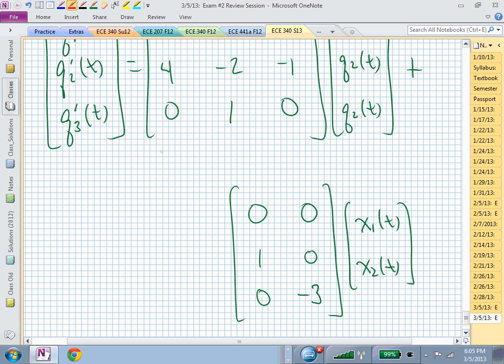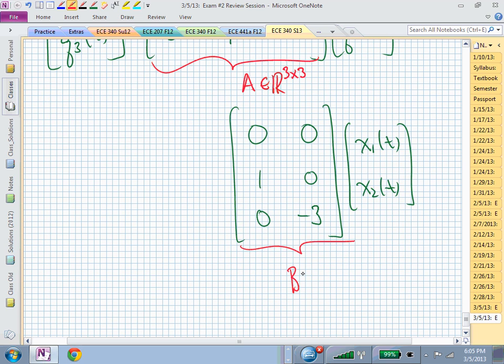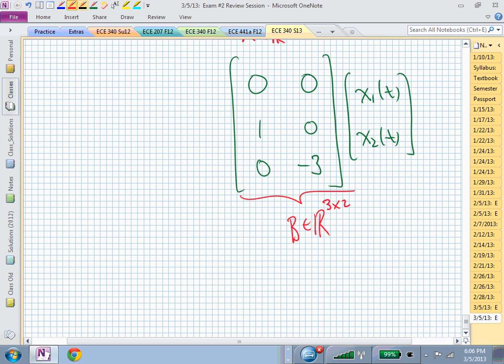Your A matrix then, I could just have asked you for that coupled set of differential equations. What are the dimensions of your system matrices, of your state space matrices? B is 3 by 2. What's the output expression going to be?